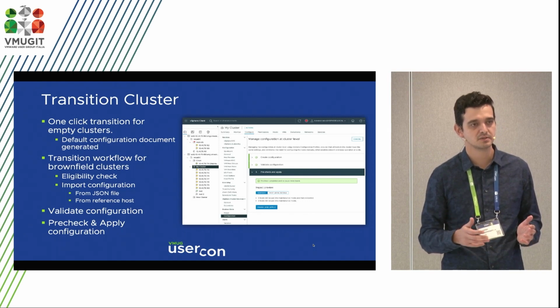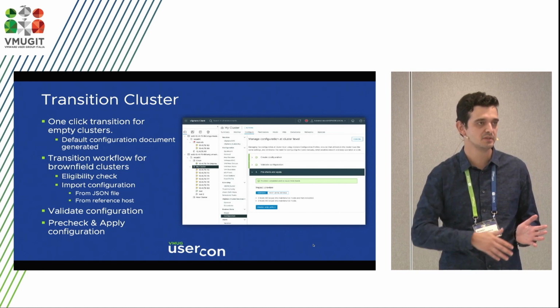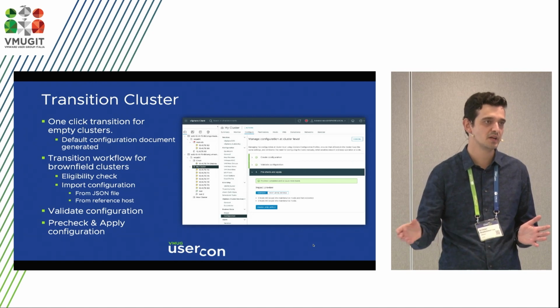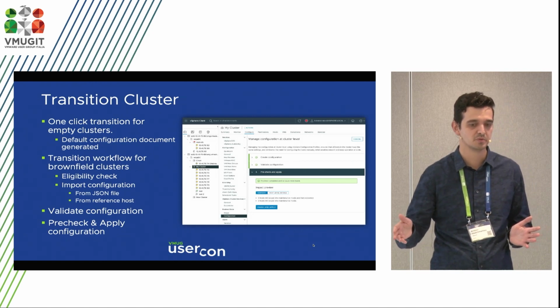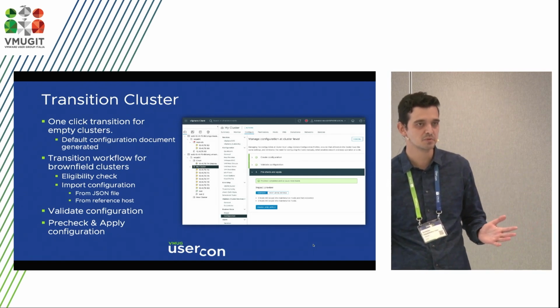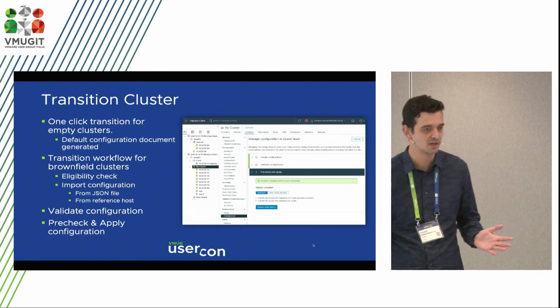If this cluster for some reason is empty, you just need to press a button and it will automatically generate an empty configuration document and apply it to the cluster. Since there are no hosts, nothing will happen with your workloads, so it's a simple one-click action.